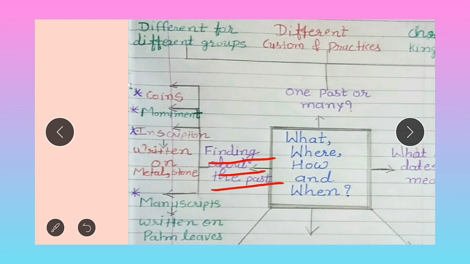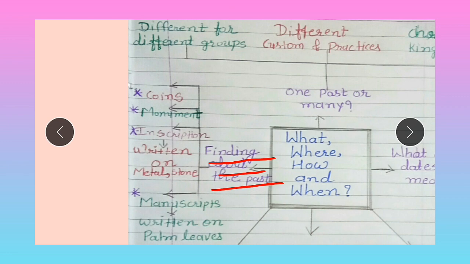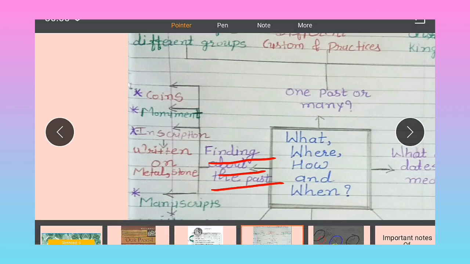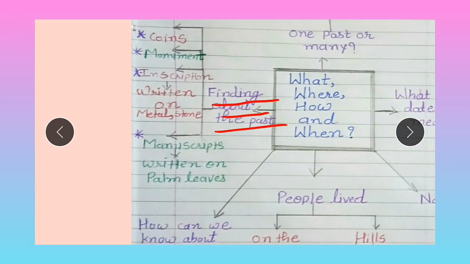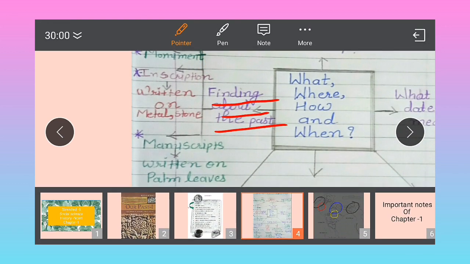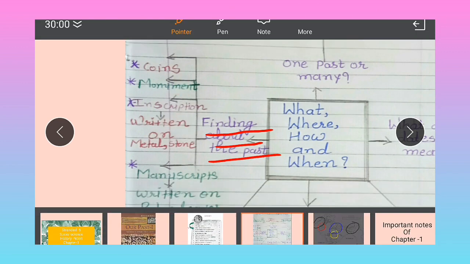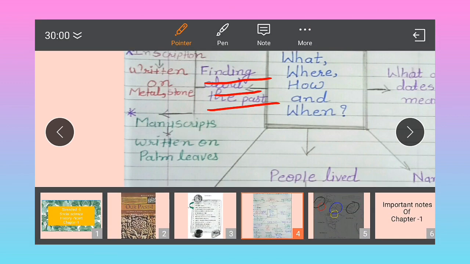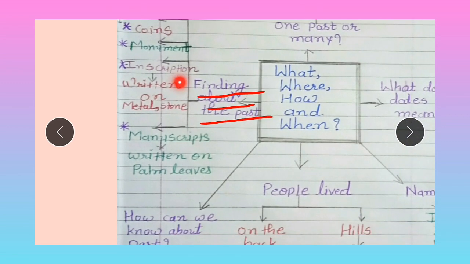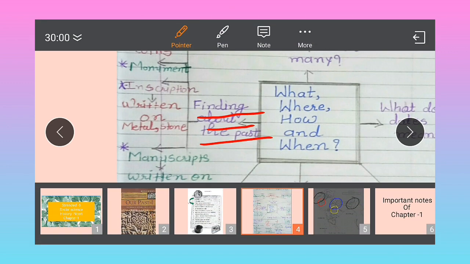We have sources: coins, inscriptions, monuments, and manuscripts. Inscriptions are writings on metal or stone, and manuscripts means written on palm leaves. So these are the sources by which we can find out about the past.